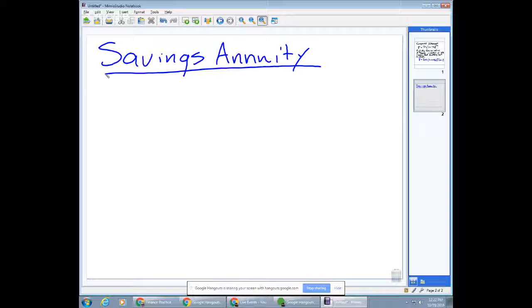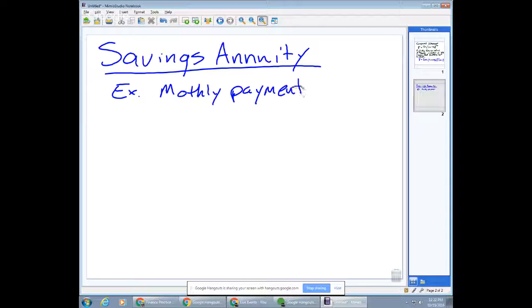A savings annuity is where you make, for example, monthly payments into an account, and you want to know what the future value is after so many payments.